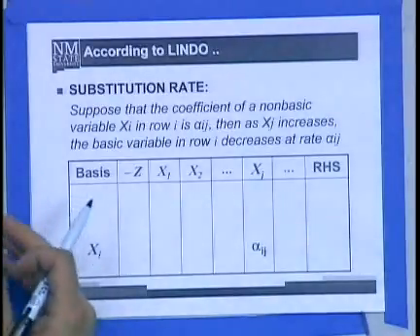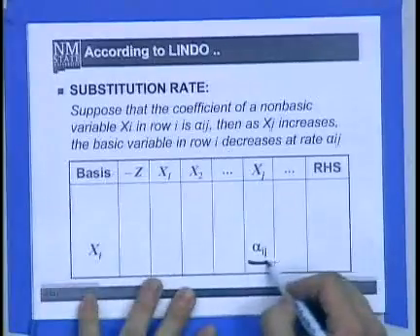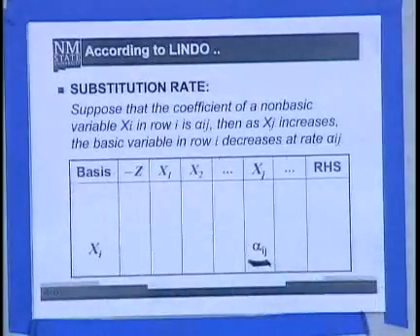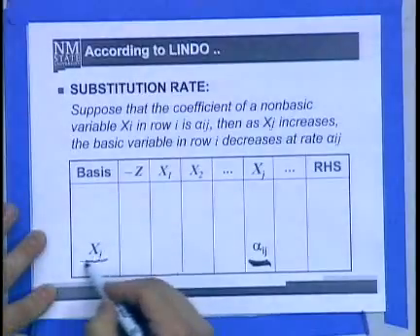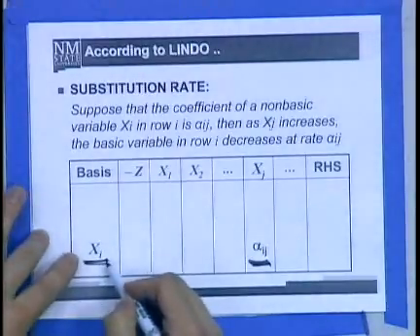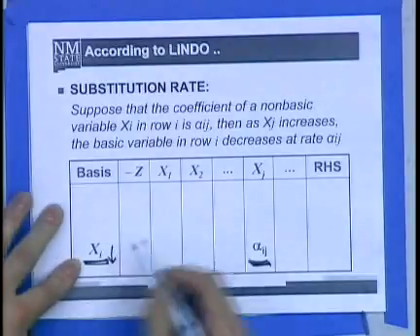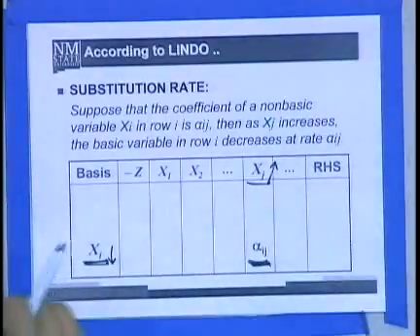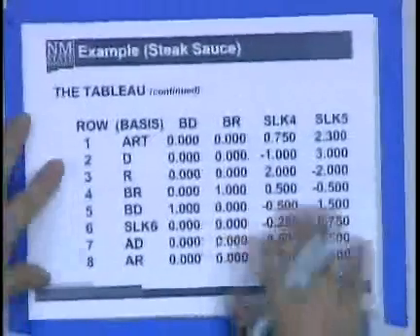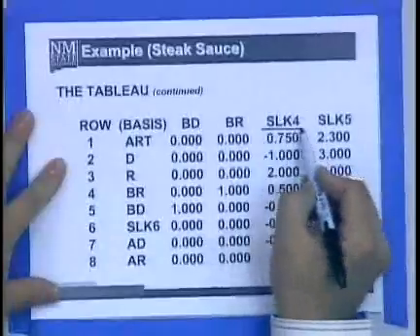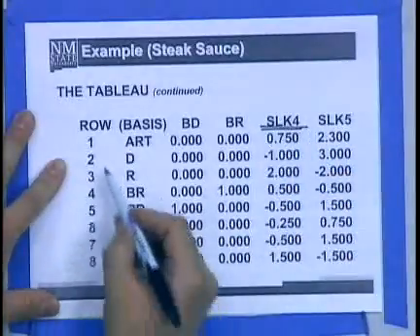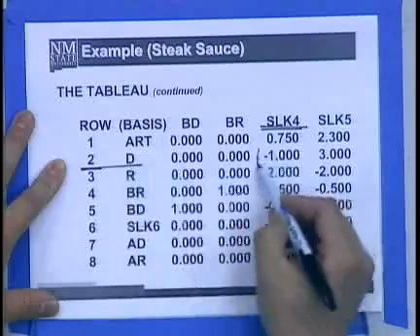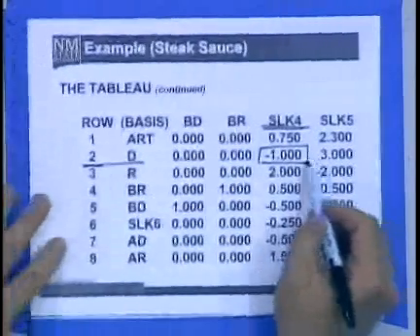As I said, the substitution rate alpha ij represents how much xi, that is the basic variable, decreases as non-basic variable xj increases, right? And the substitution rate of slack 4 for variable d is negative 1.